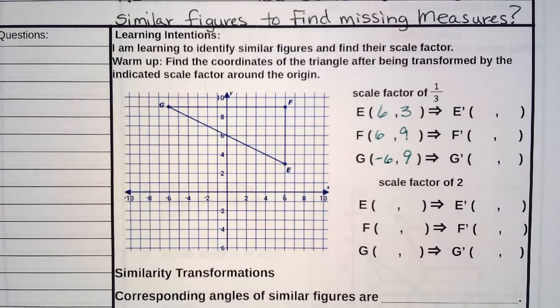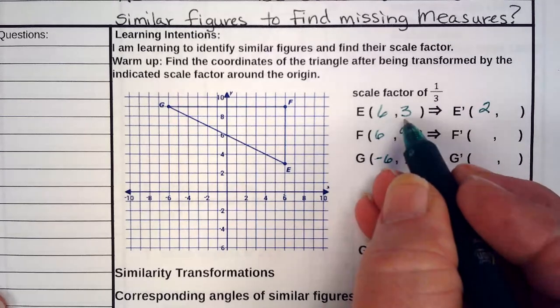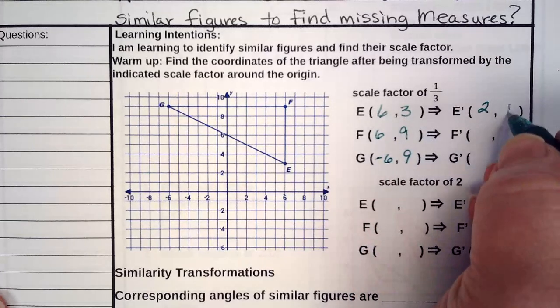We multiply. 6 times 1/3, that's the same as 6 divided by 3, gives me 2. 3 times 1/3, 3 divided by 3 is 1.